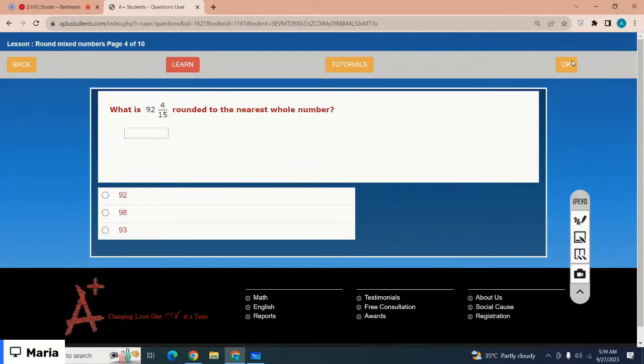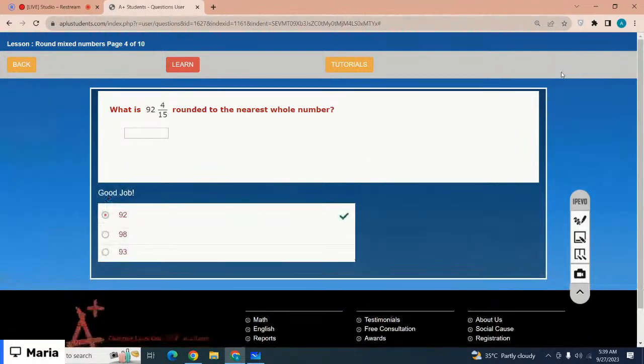92 whole 4 over 15. So which is the correct option? 4 over 15 is less than 1 by 2, right? Because if you make 15 portions, then just 4 are very small compared to half. So that would be rounded off to the same whole number, that is 92.